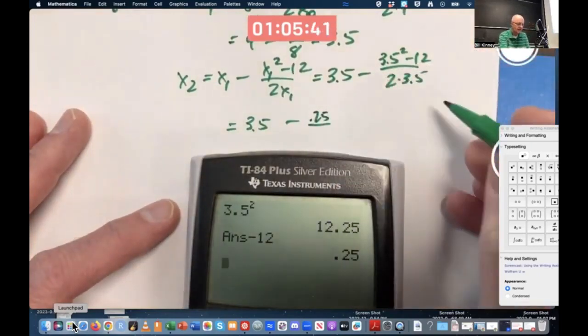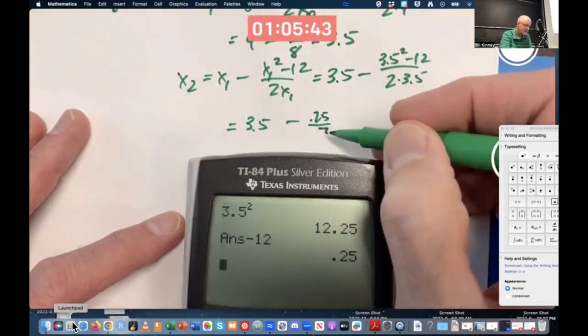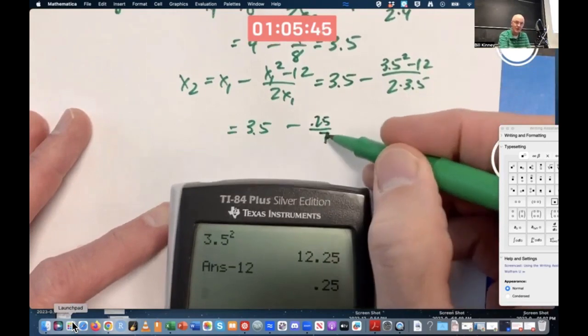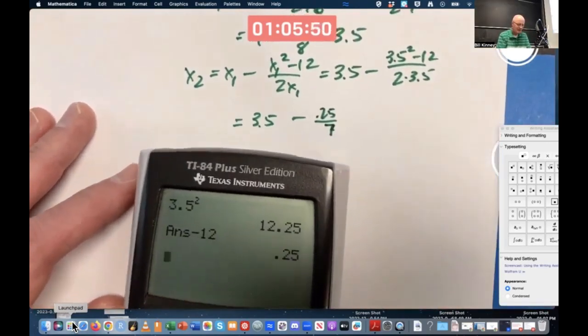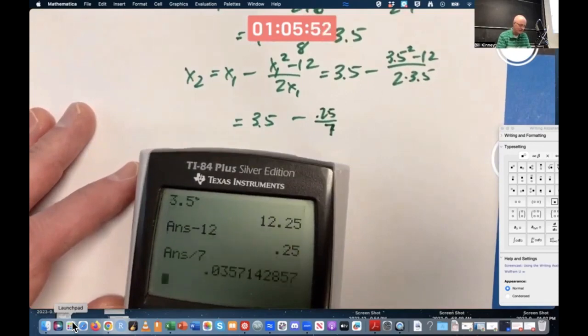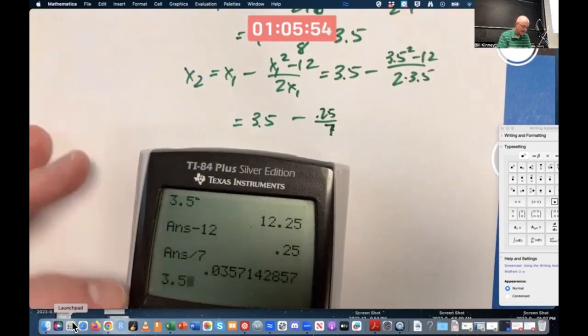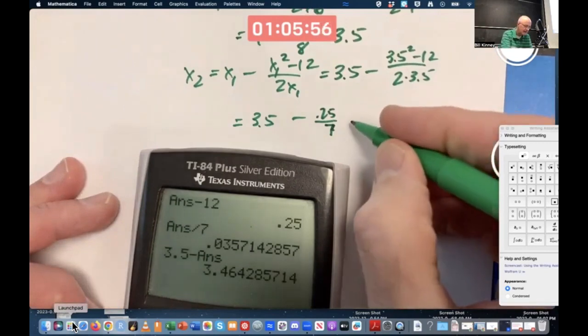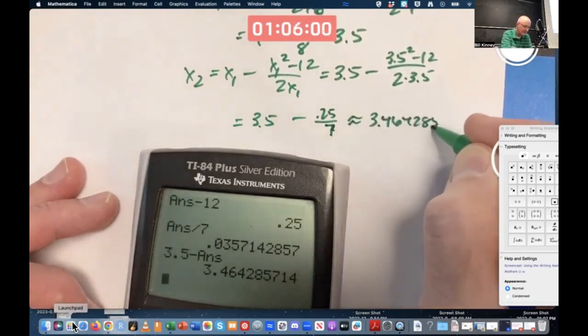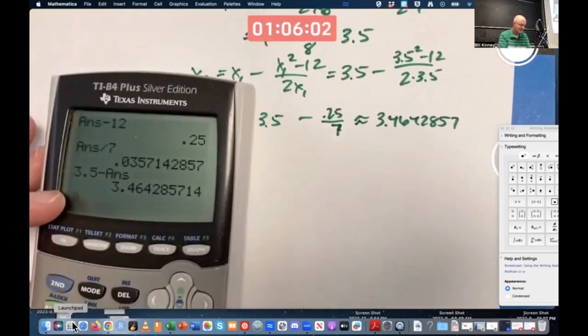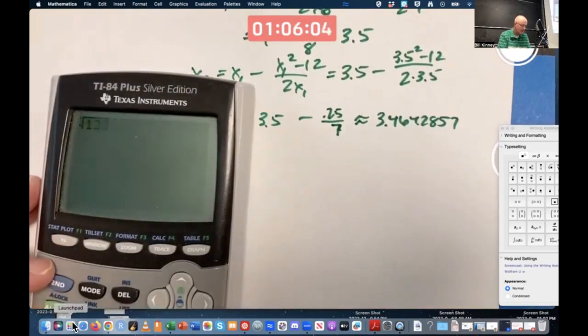And the denominator here, 2 times 3.5 is 7. Actually, this is a 1/28. We had a 1/28 elsewhere today. 0.25 divided by 7 is 1/28, which is this. 3.5 minus that number is 3.4642857. That is getting really close to square root of 12.